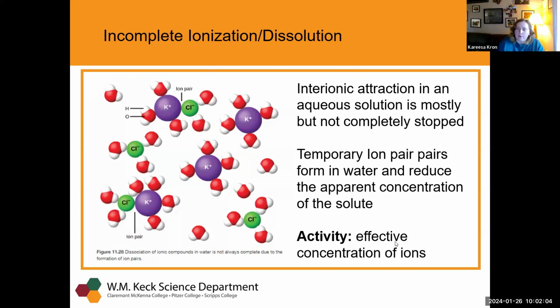And the way we describe the actual concentration that we observe for our ions is activity. Activity is the effective concentration of these ions, which informs what we get for our van 't Hoff factor, which we'll practice using.